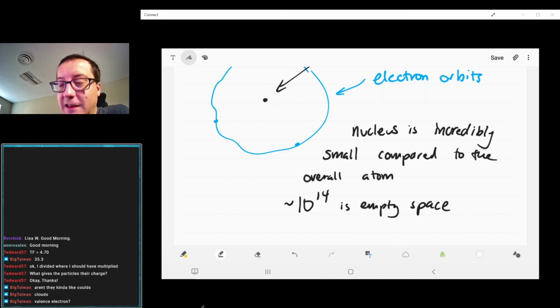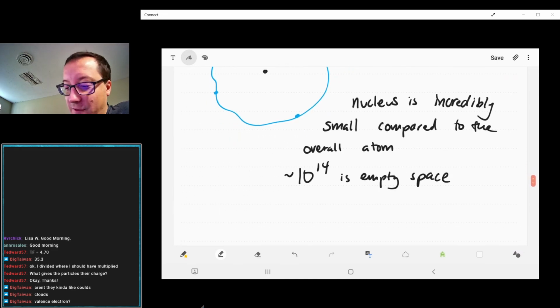Suffice it to say that if you want to think of an atom, think about Dodger Stadium or something. I'm sorry, I'm from LA. If an atom is the size of Dodger Stadium, the nucleus is 1 grain of sand on the pitcher's mound. So your nucleus is just 1 little grain of sand, but your atom is the entire stadium. The nucleus is very, very small compared to the size of the atom.